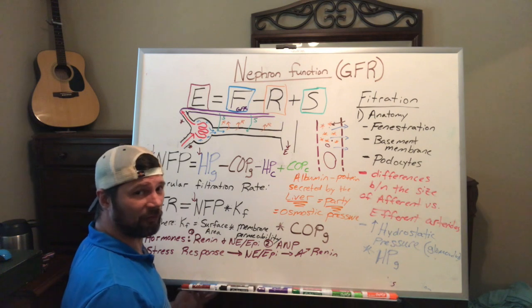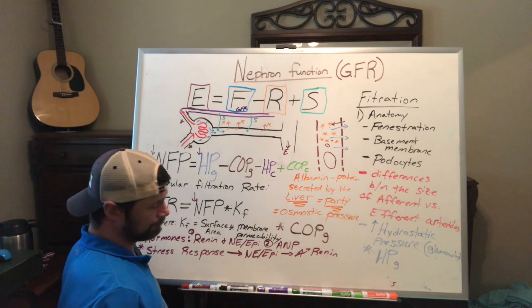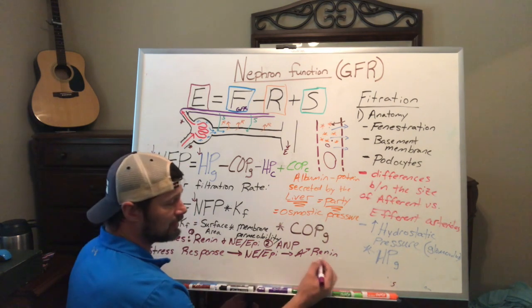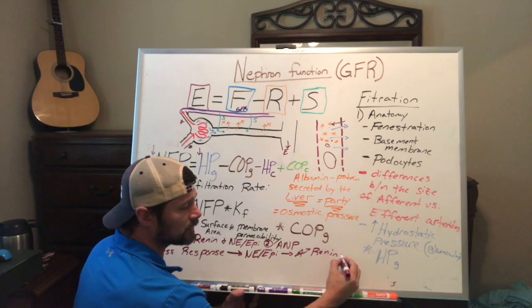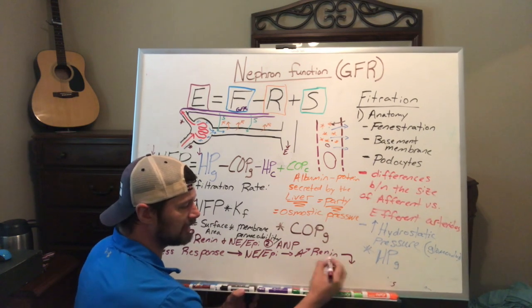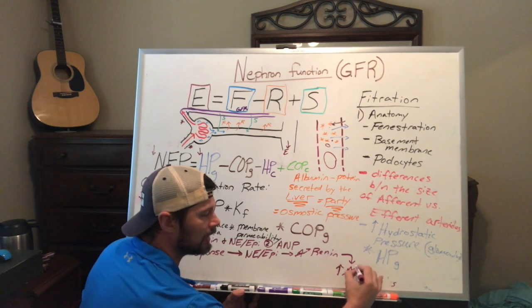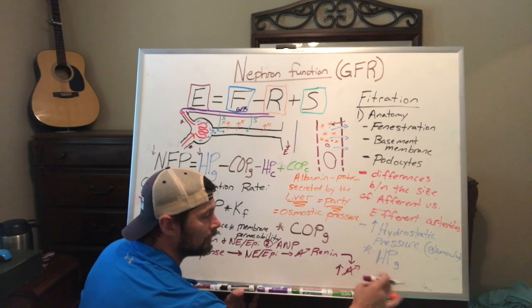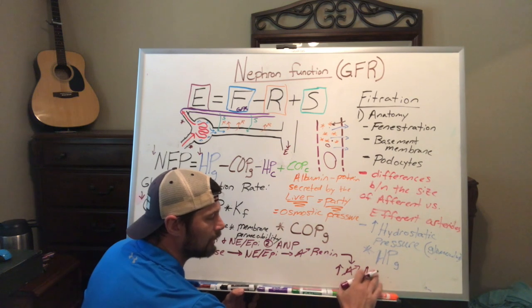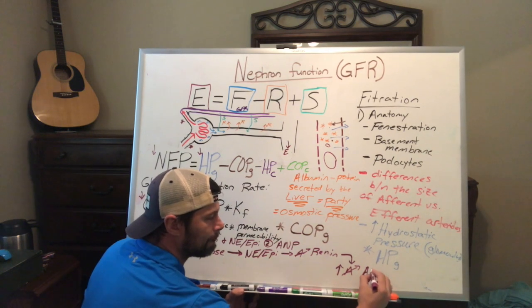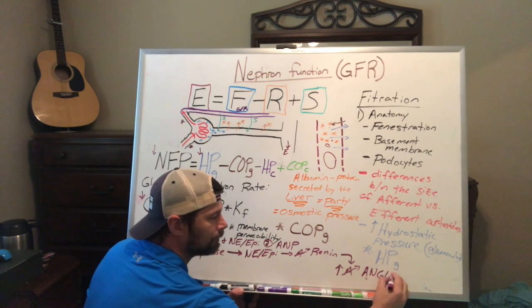Ang2 is a really powerful hormone to increase blood pressure. And that's no different here. When we activate renin, the end result of renin being activated is we're going to get an increase in the activation of angiotensin 2.